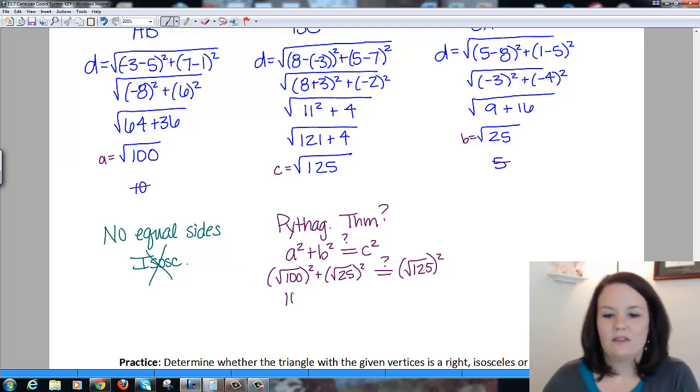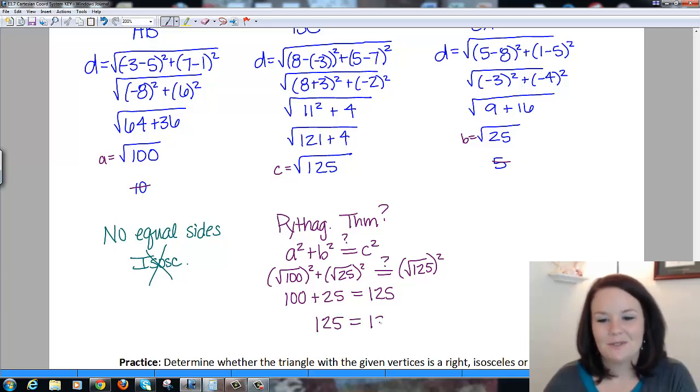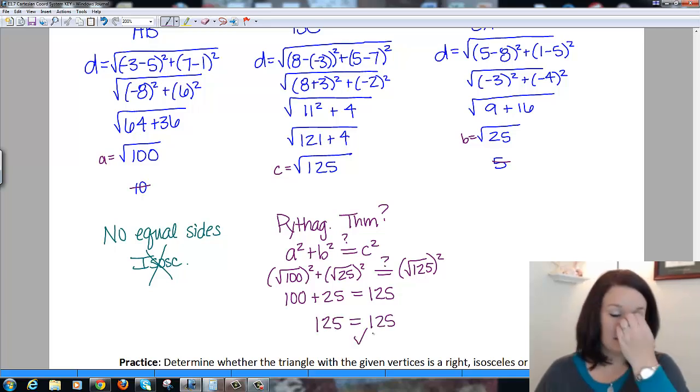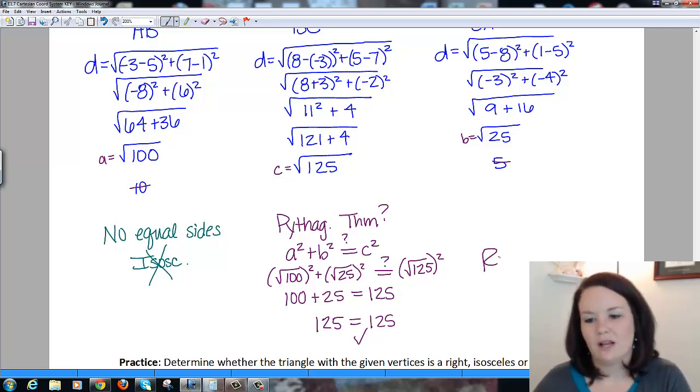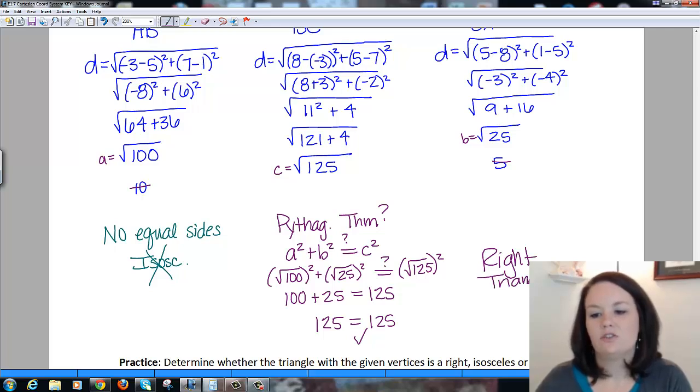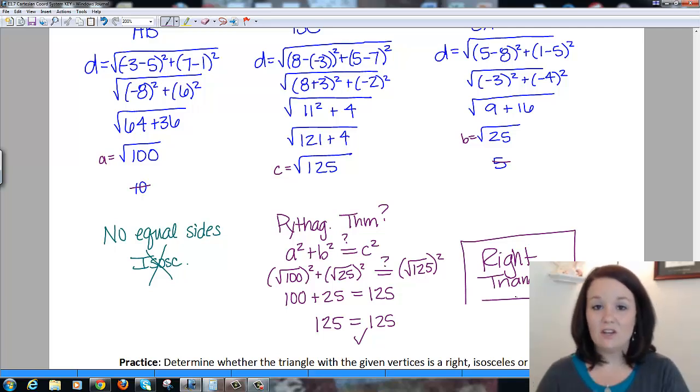So I end up with 100 plus 25. Does that equal 125? Well, yes, it does, right? 125 is equal to 125. So since the Pythagorean theorem holds true, that means that this is a right triangle. Okay, makes sense?